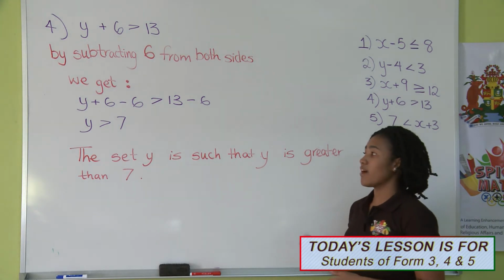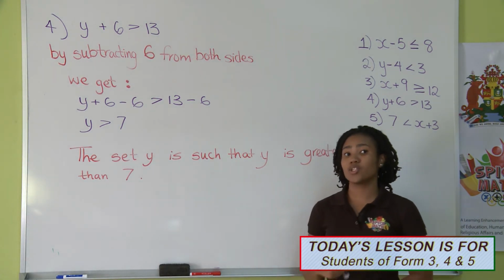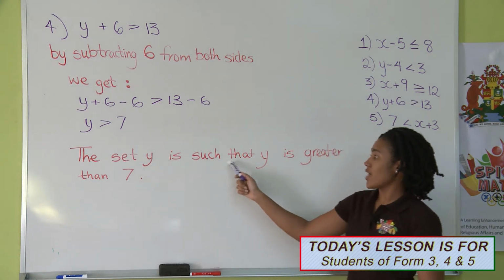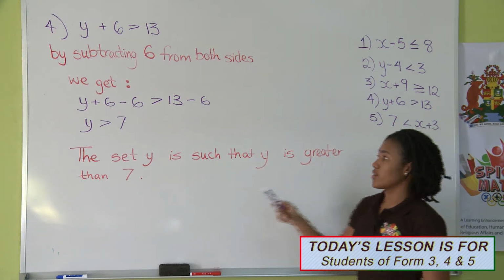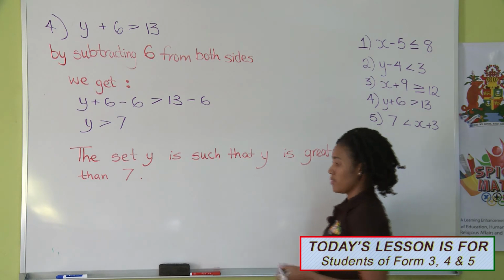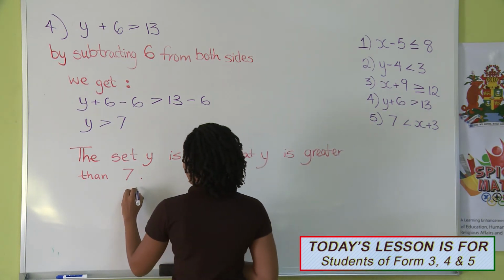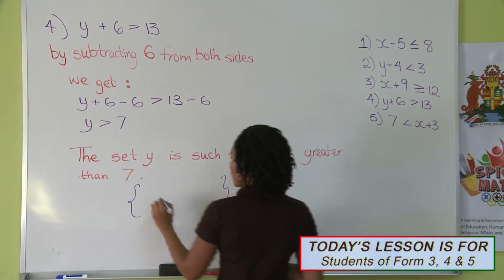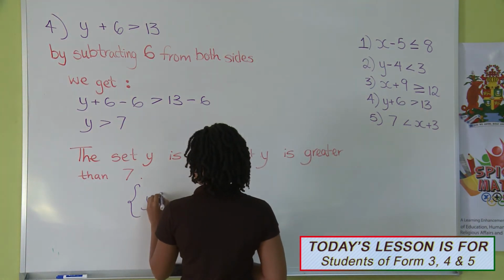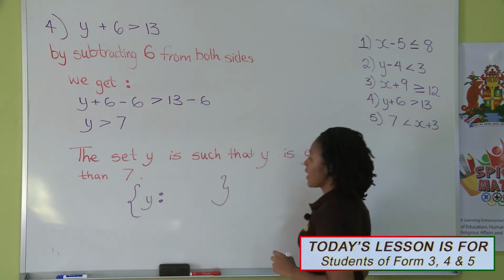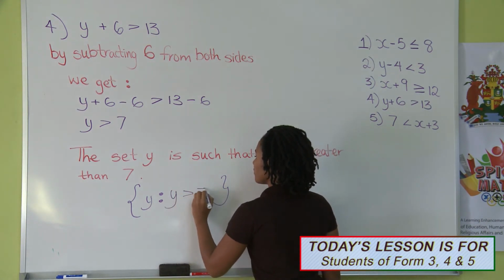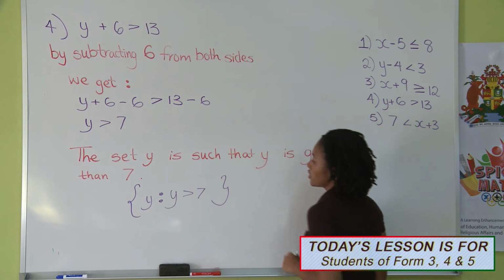So once again, we have to represent our answer as a solution set. So we have the set y is such that y is greater than 7. And this in symbols would be the set y is such that y is greater than 7.